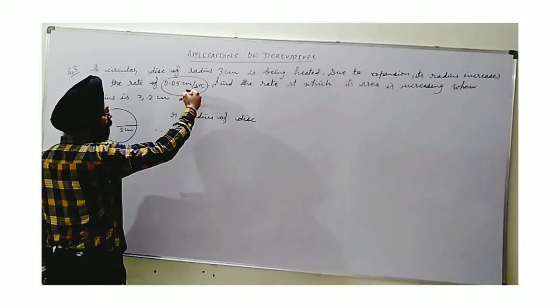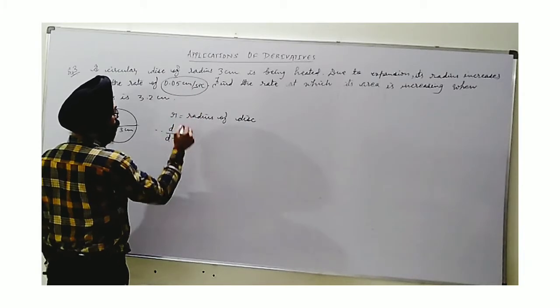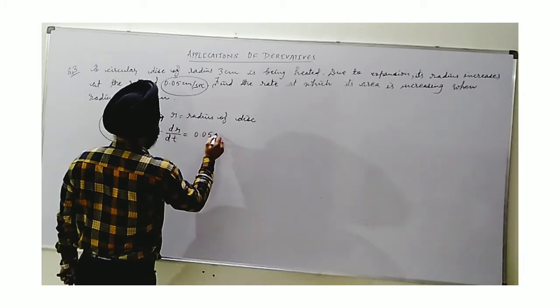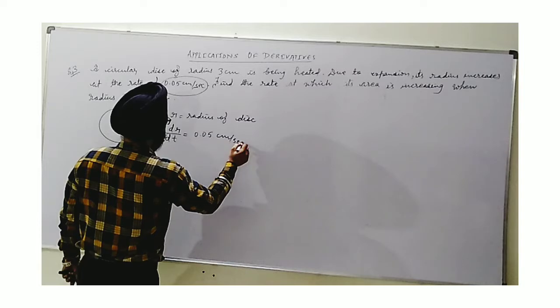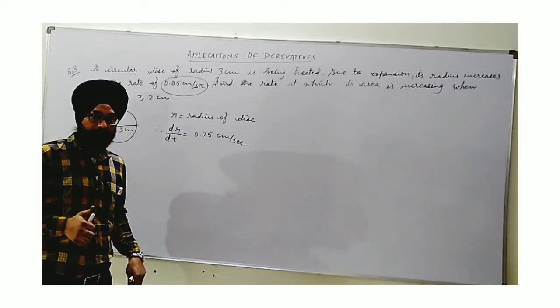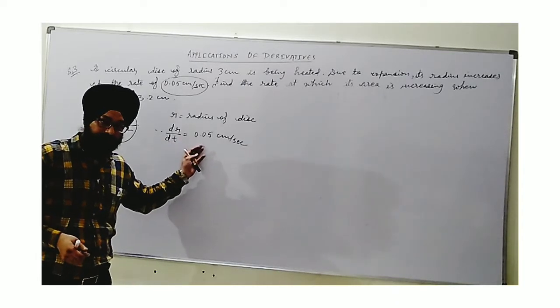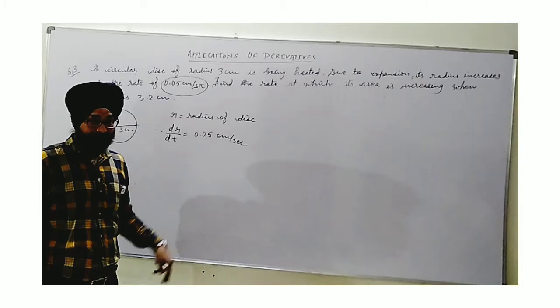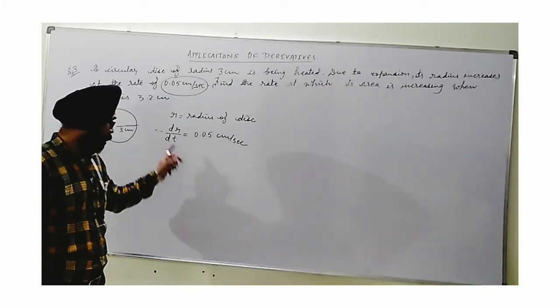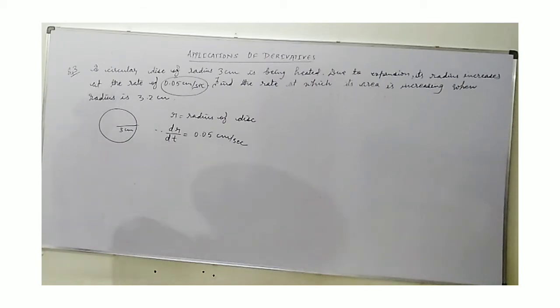Centimeter is the unit of radius and second is the unit of time. So, this will be 0.05 centimeter per second. One more additional thing, we see that this change is positive. Whenever the change is given positive, for sure it's about increasing. When it is negative, this will be a decreasing rate. Okay, let's come back to the point.